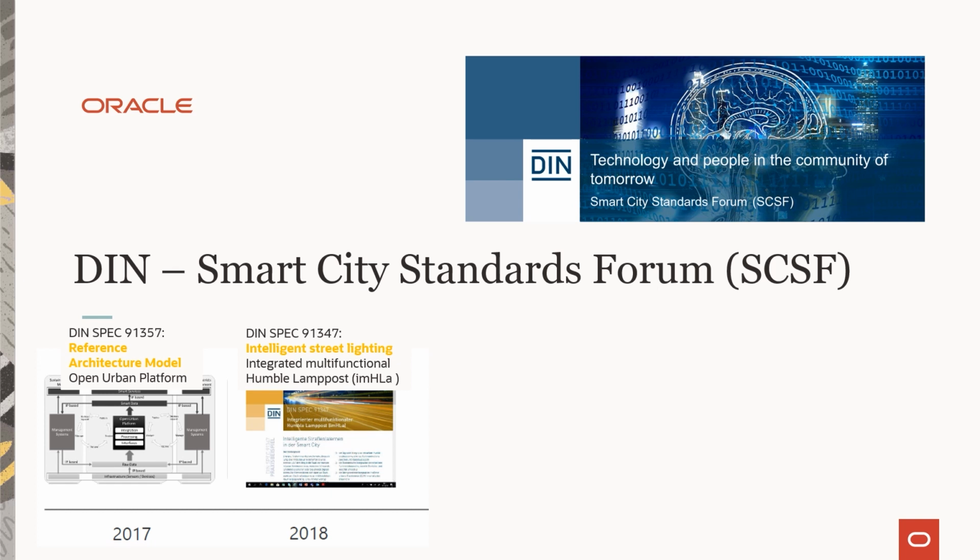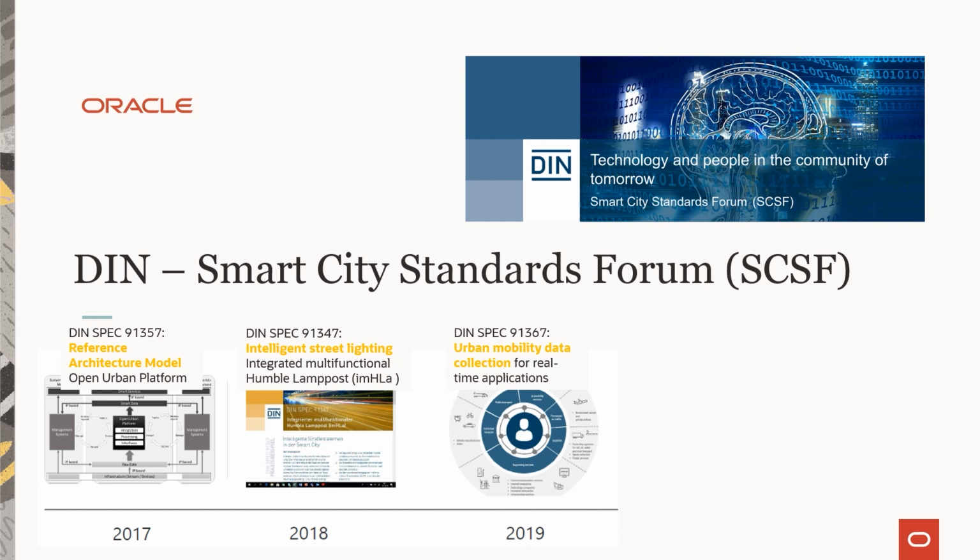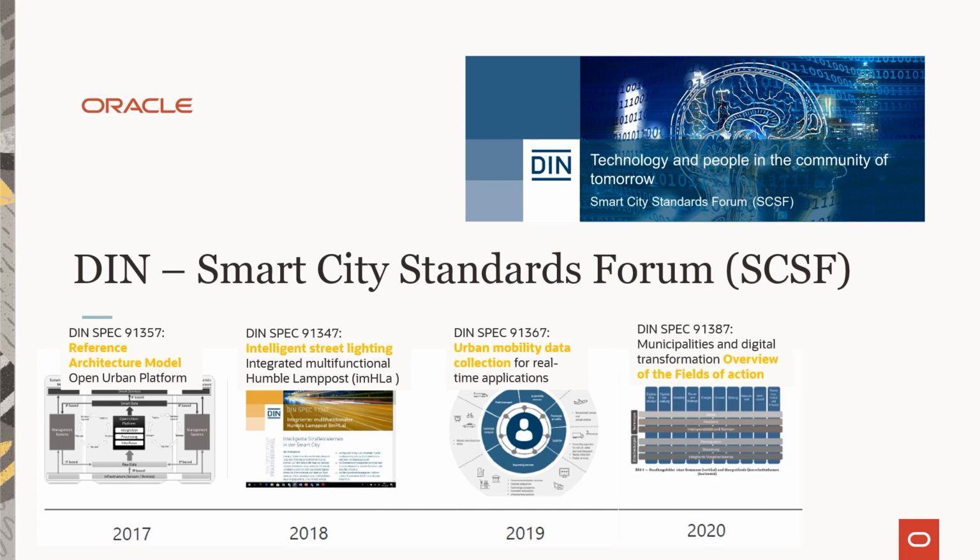91347 about intelligent street lighting, integrated multifunctional humble lamppost, and the next in the row of smart city standards, urban mobility data collection for real-time applications in 2019, and the year after, the DIN-SPEC 91387 about municipalities and digital transformation.